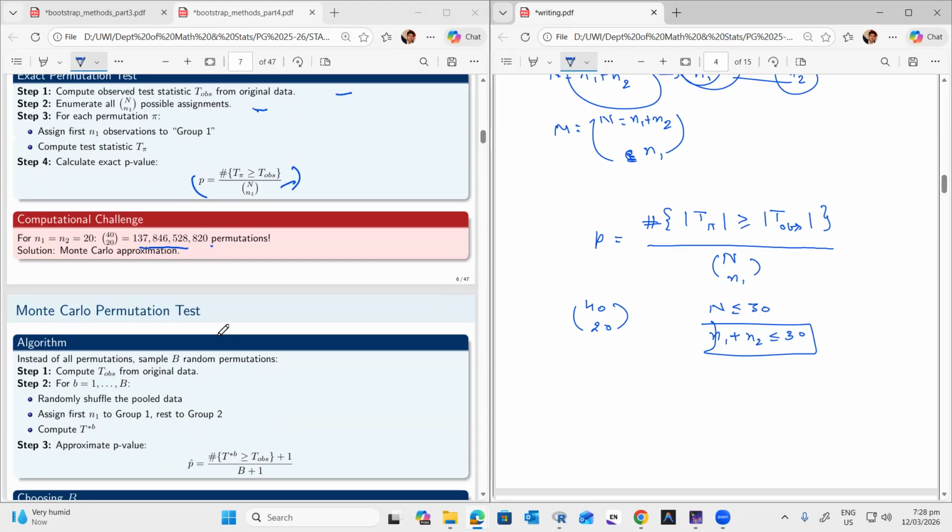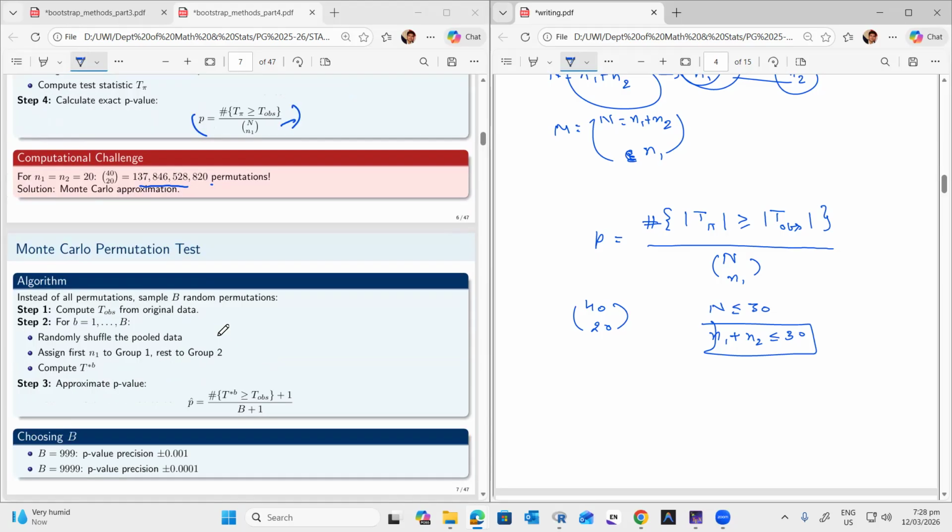Okay, from the set of script P, we perform our bootstrap on some observations, with each assignment equally likely. So then we compute the test statistic for each sampled permutation and approximate the p-value.